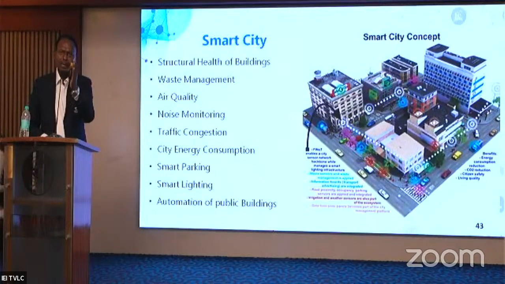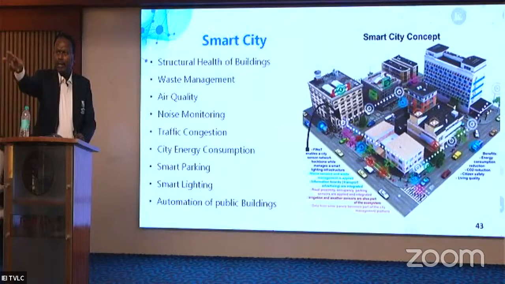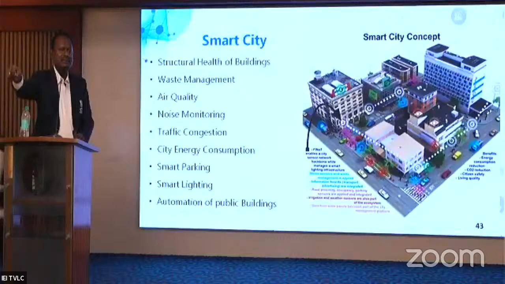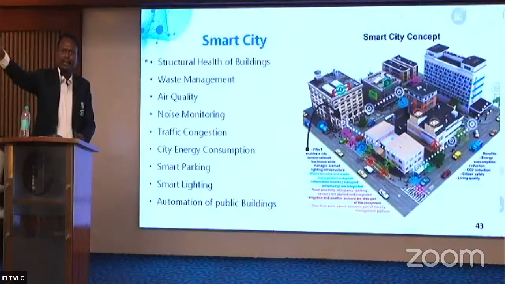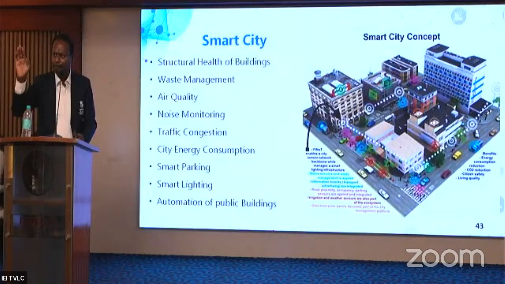If you properly use IoT technology, let me give you glimpses of it. Right now, are you segregating degradable and non-degradable waste? Are you doing it or not? No. The government says, please sort it and give it separately. And the other thing is, if it is IoT enabled, all your bins will have an IoT sensor.